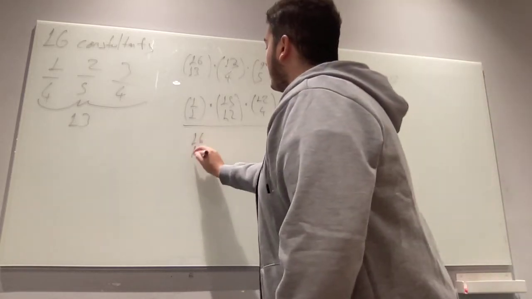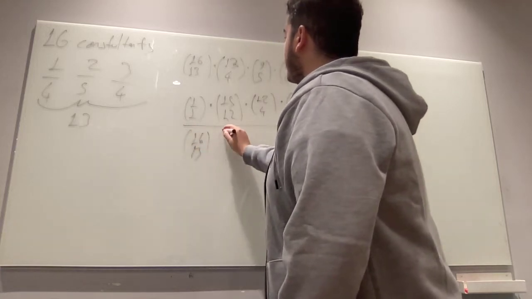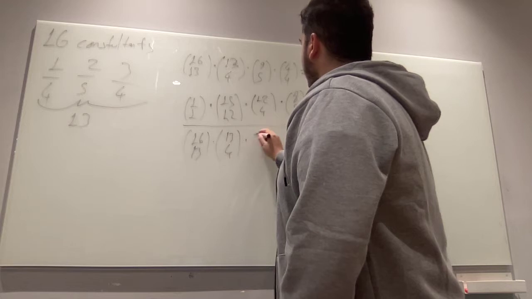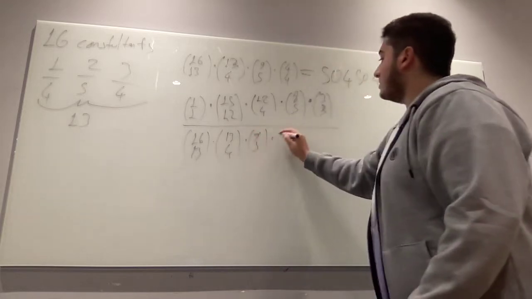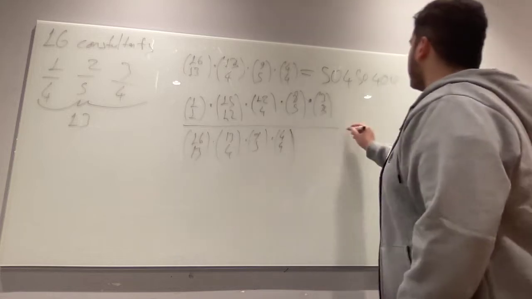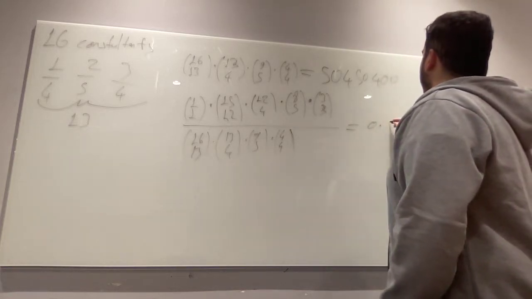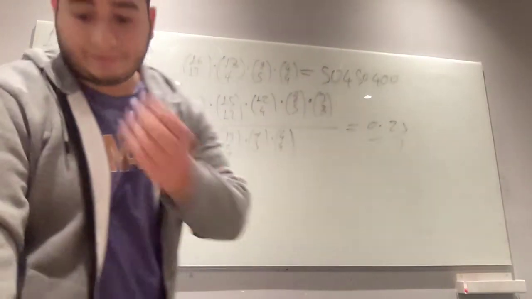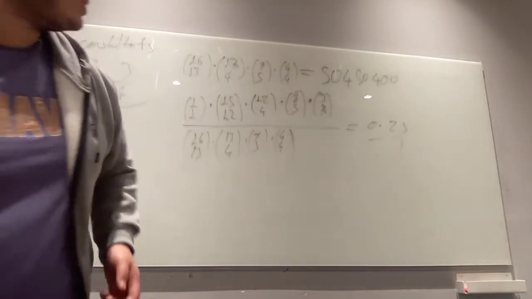So 16 choose 13, 13 choose 4, 9 choose 5, 4 choose 4. That's it, and it's 0.25. That's how to solve the first question.